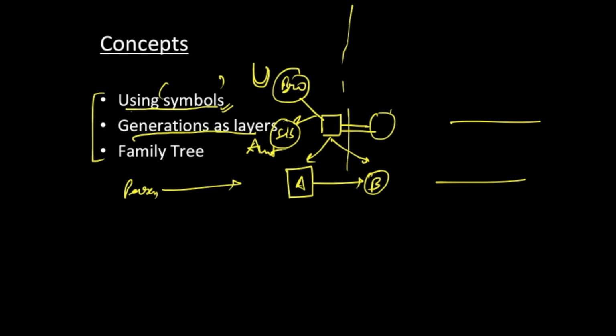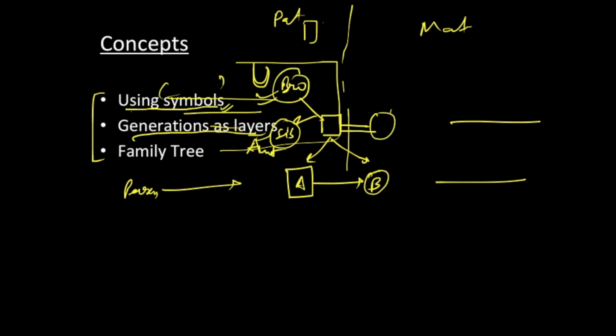If this side is your paternal side, this side is going to be your maternal side, and they are all going to be on the same layer, right? This is one particular layer. They are all in the same line because your father's brother and sister are in the same generation, and on top of that are going to be your grandparents on both sides. Similarly on the maternal side as well.